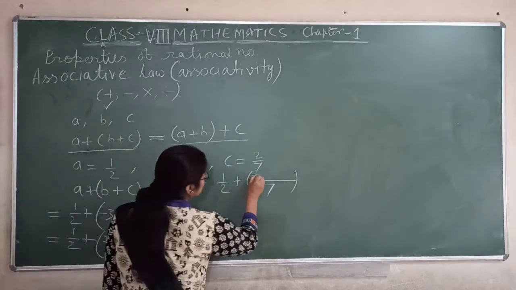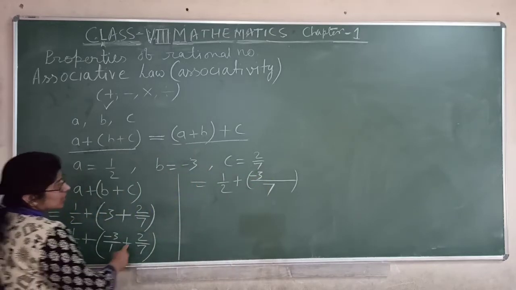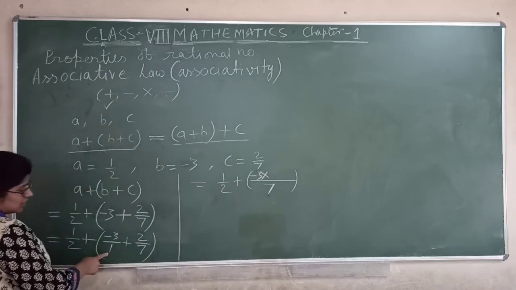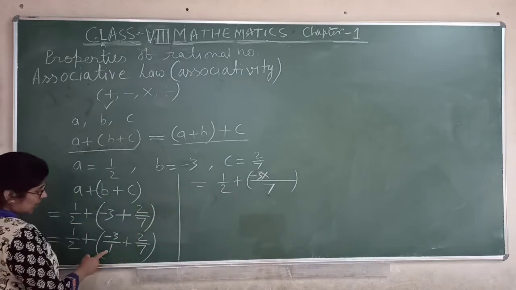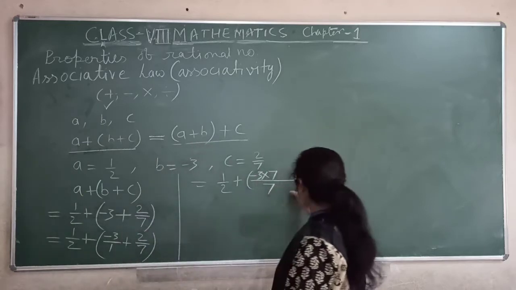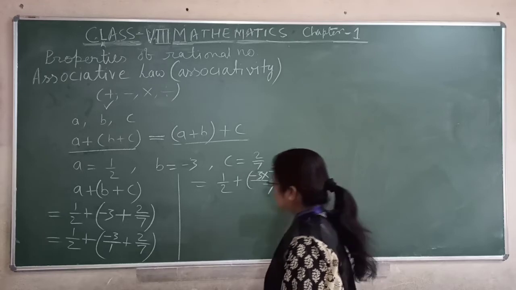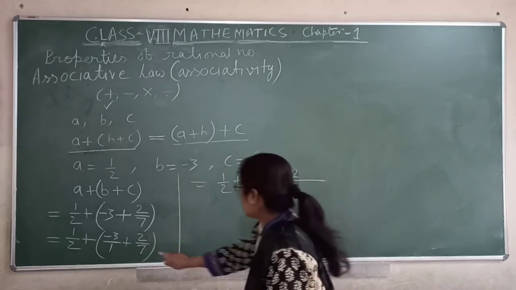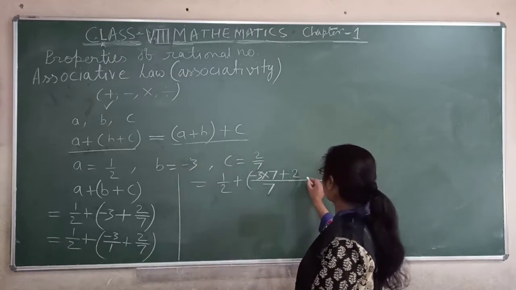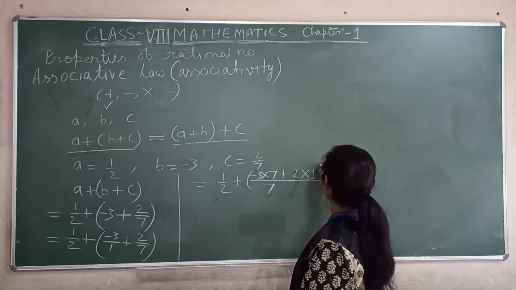Minus 3 you already have, into 7, the LCM divided by the denominator. We divide 7 by 1, so you will get 7 here. Plus the numerator is 2, and the LCM divided by 7, 7 divided by 7, you will get 1, bracket.